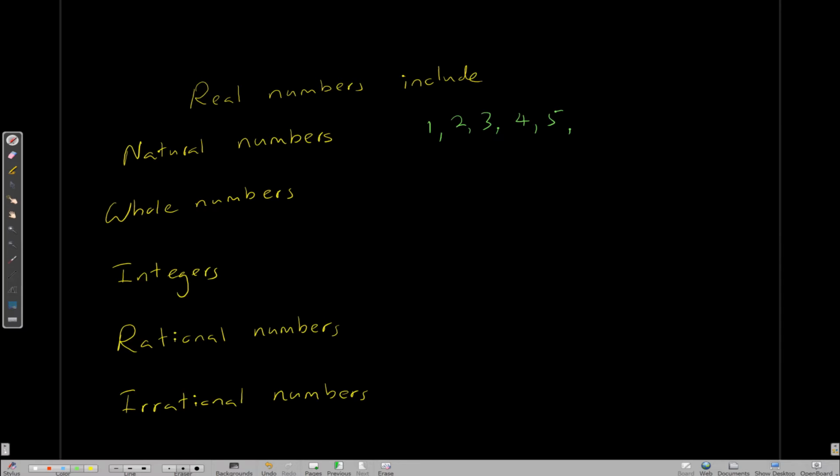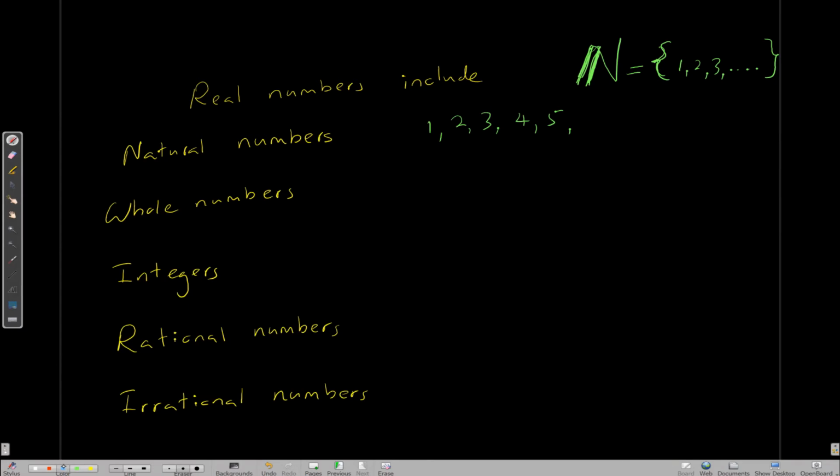Now, as a set, we use the letter N with a double line like this. And normally we write down a set inside curly parentheses. So 1, 2, 3, and forever. That's the set of natural numbers.